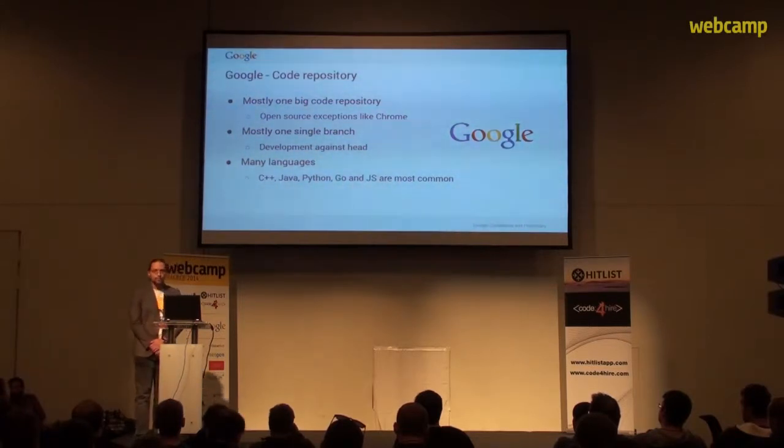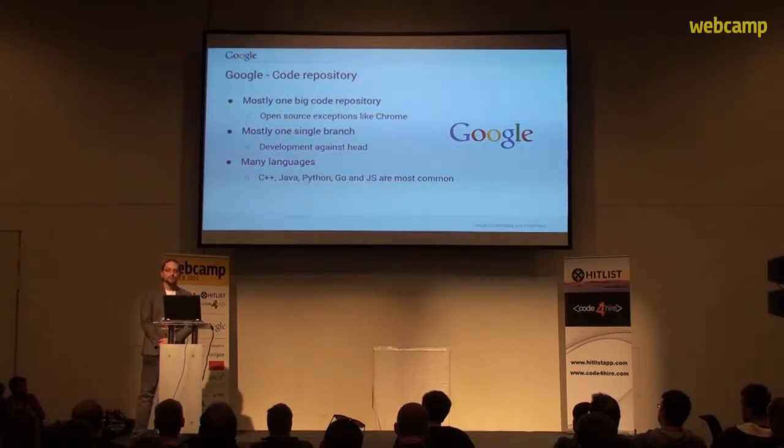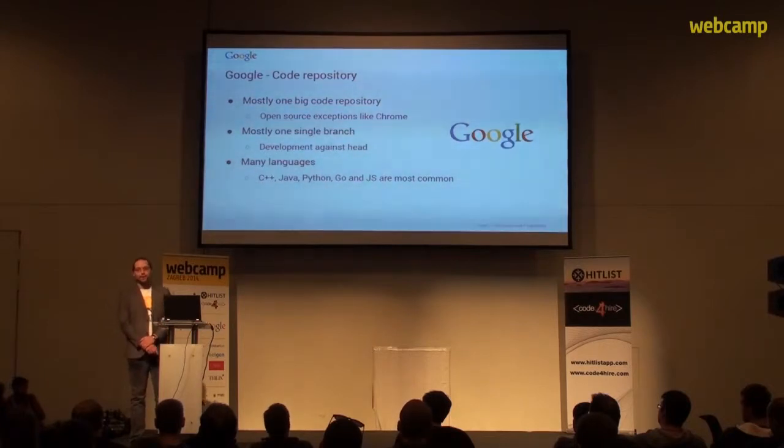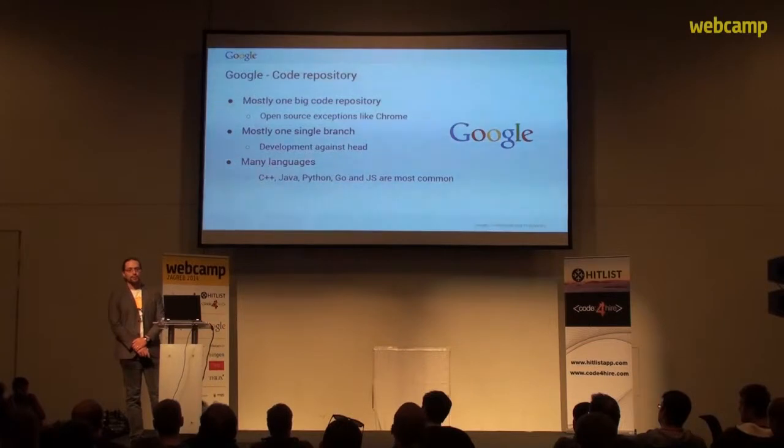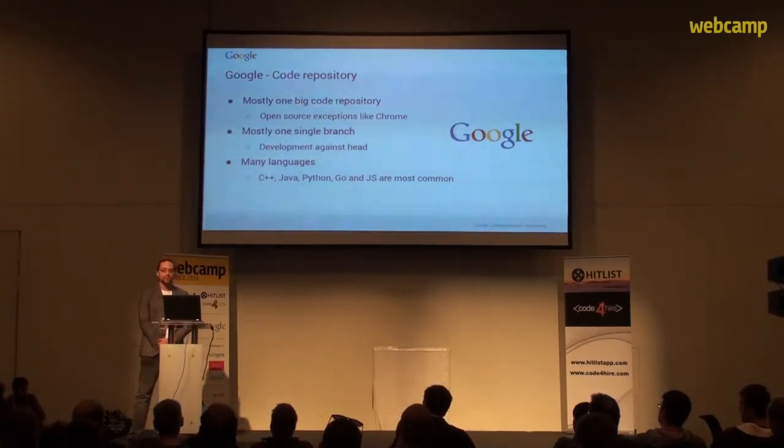We do not use branching. Development is done against head. So there is one single source of information. You can ask what the code base looks like at this moment, and the answer is the same for every engineer. You don't have your own local Git branch that diverges significantly from the rest of the code base.